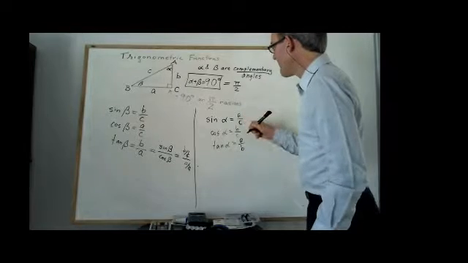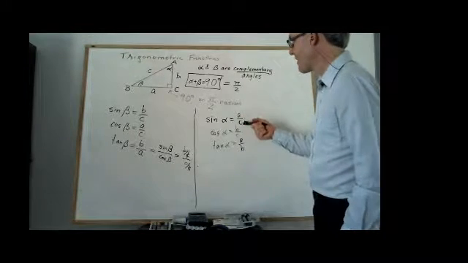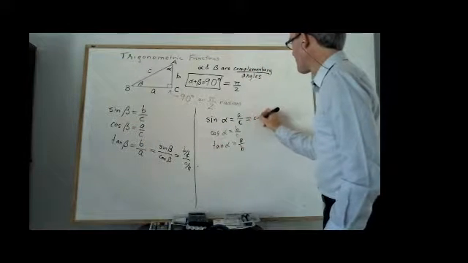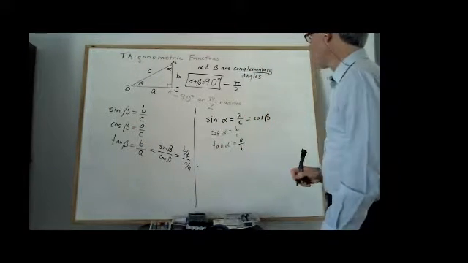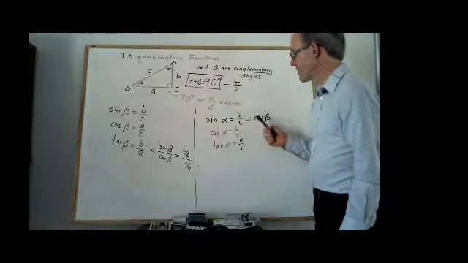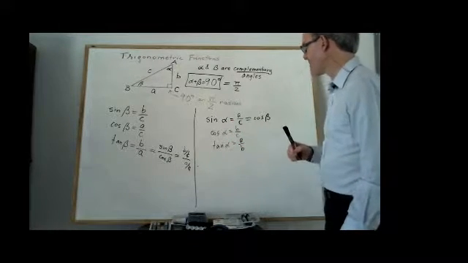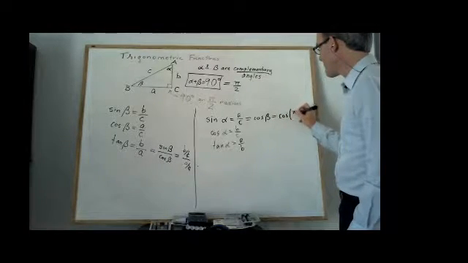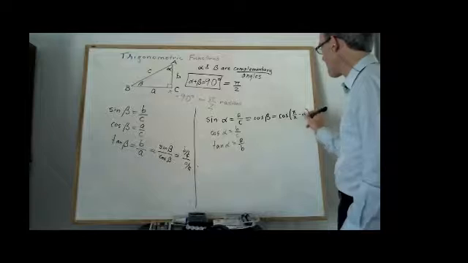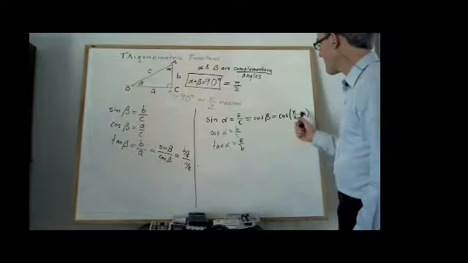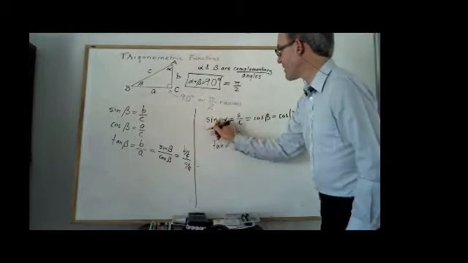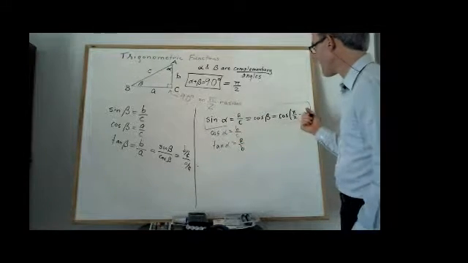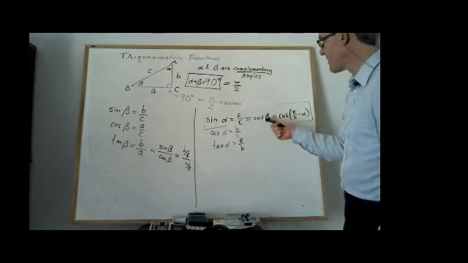Okay, so already now I have some more relations. Here, this a over c is the same as cosine of beta. So the sine of an angle is equal to the cosine of its complement, which I can write as pi over 2 minus alpha. All right, so this whole thing, especially when I write it with the same angle on both sides, there's no beta now.